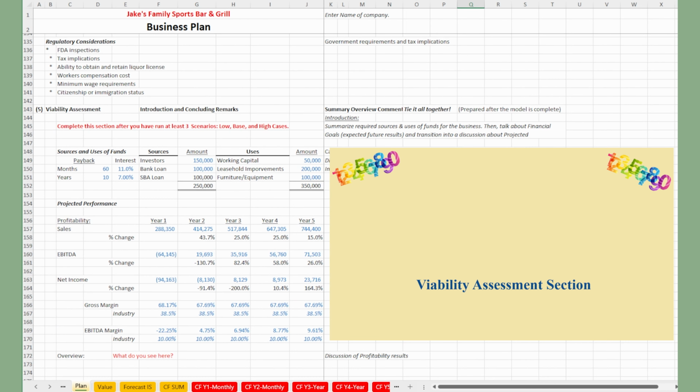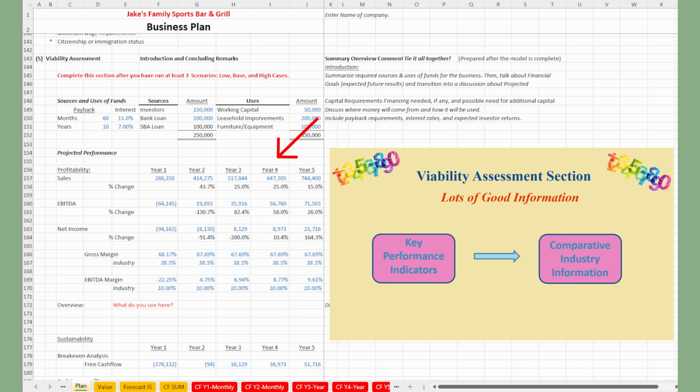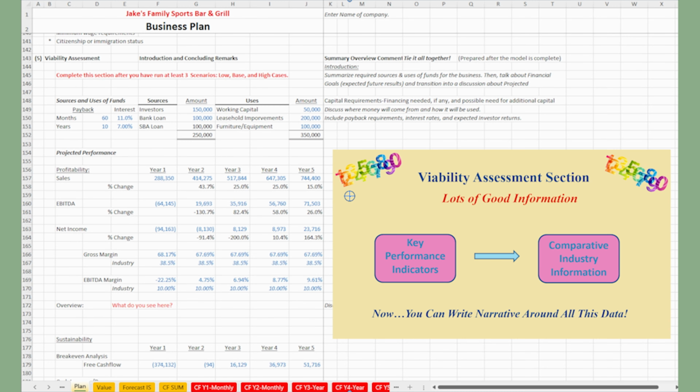Down here, under the Viability Assessment section, there's lots of good information, lots of key performance indicators, and some comparative information to the industry. Now, you can write narrative around all this data.